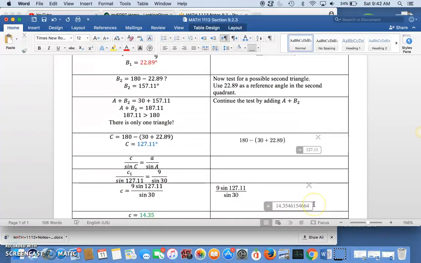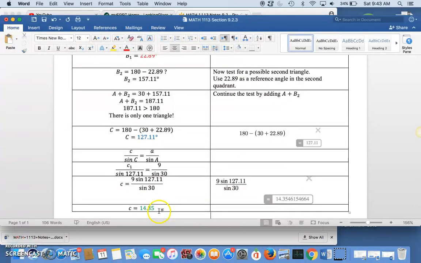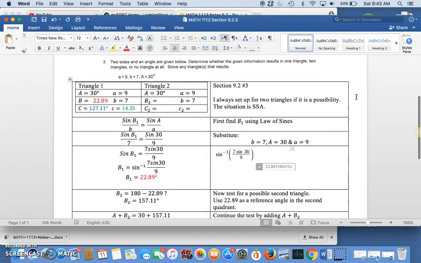Go to your calculator and perform it. If you put it in Desmos so that it looks just like this, it'll work every time, provided you are in degrees. Side C is 14.35. And we only had one triangle, so we didn't have to go through the trouble of finding the second one.